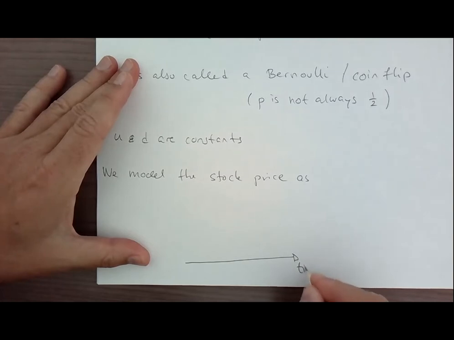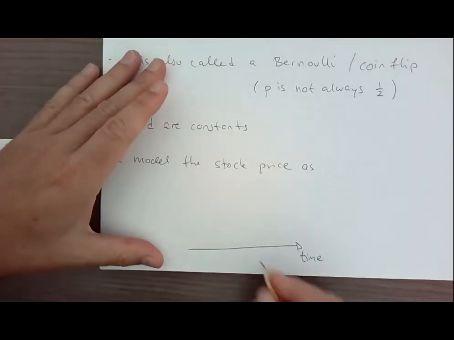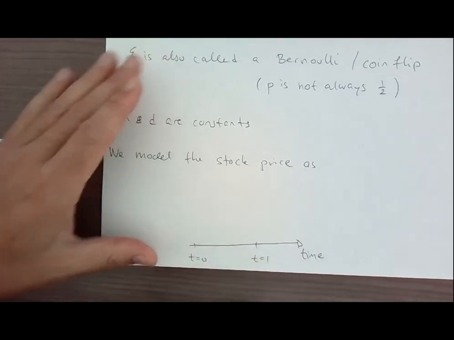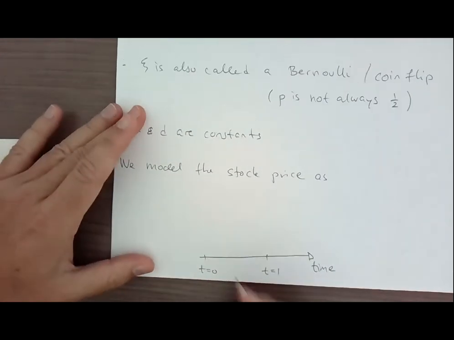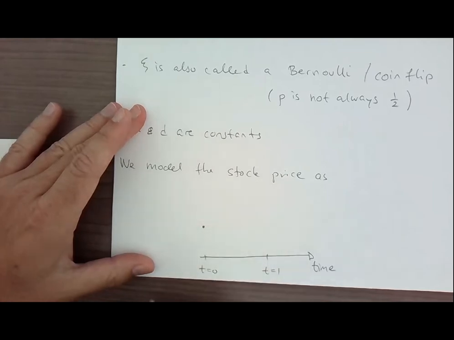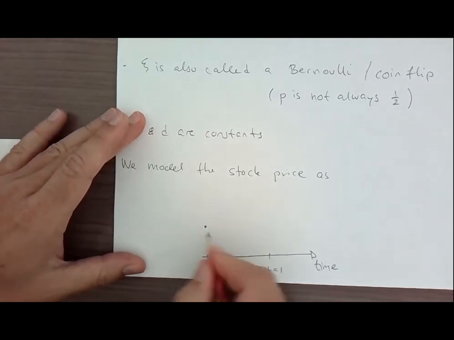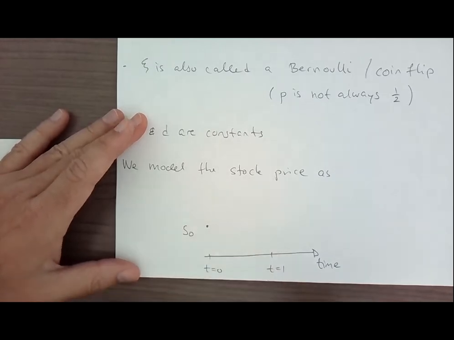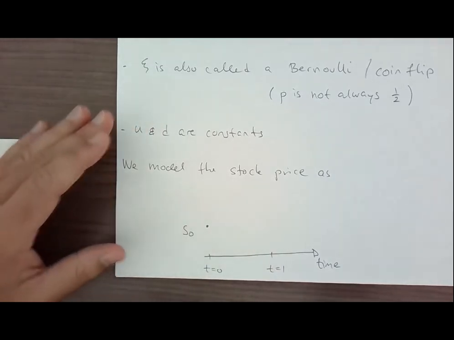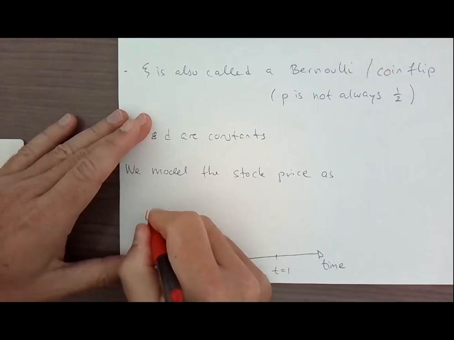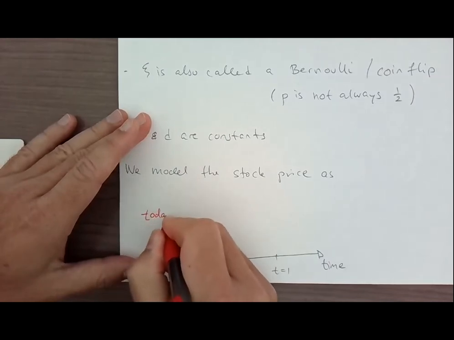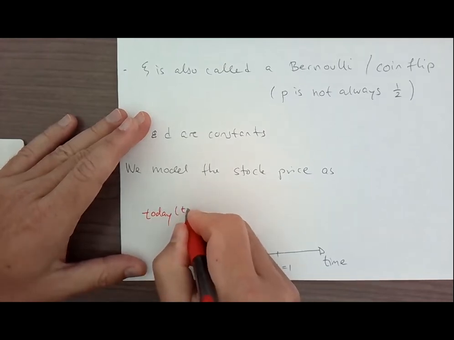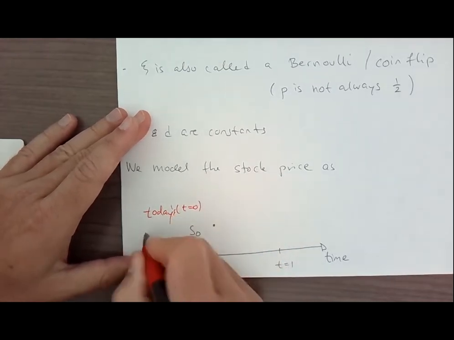So this here is time. So we're going to have time 1 and we're going to have time 0. So right here, this is where the stock price is today. This here is today's stock price. We call that S0. So when I talk about today, this means time 0. Today's stock price.